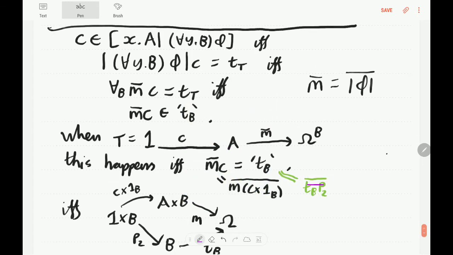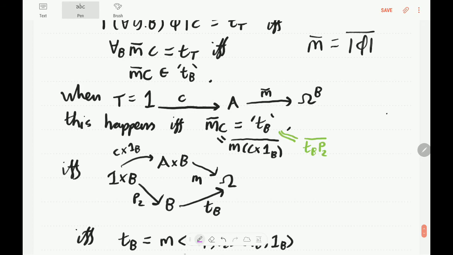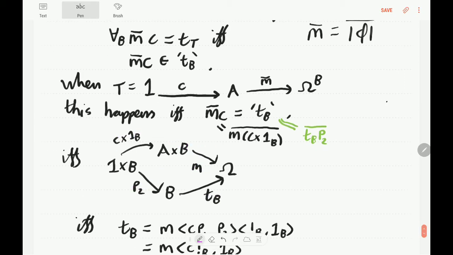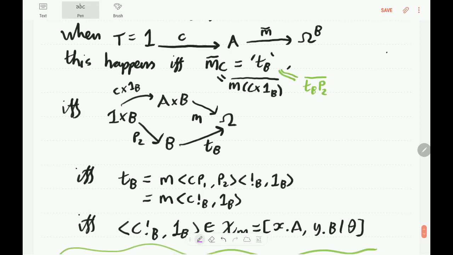Now, name of TB is TB after P2 all transposed, and we can rewrite transpose M after C as transpose of M after C times 1B. So this is equivalent to saying that TB after P2 equals M after C times 1B. And there's an arrow, so we have this arrow P2 going from 1 times B to B. It's an isomorphism.